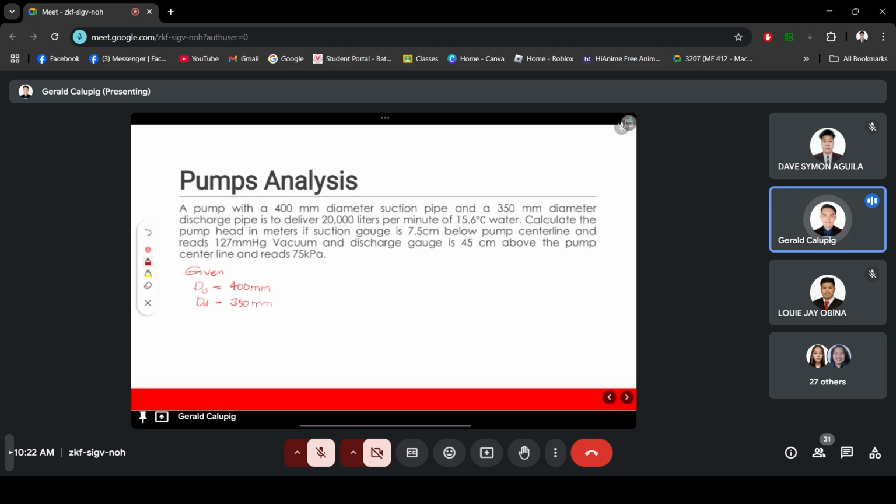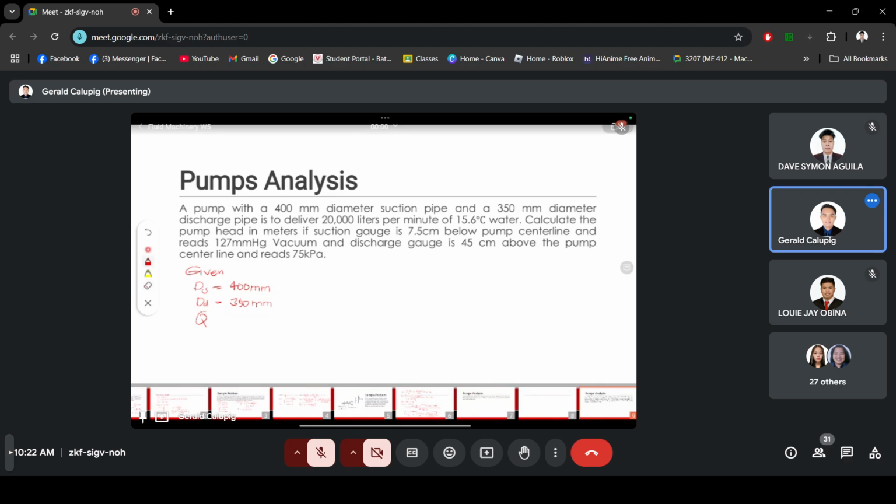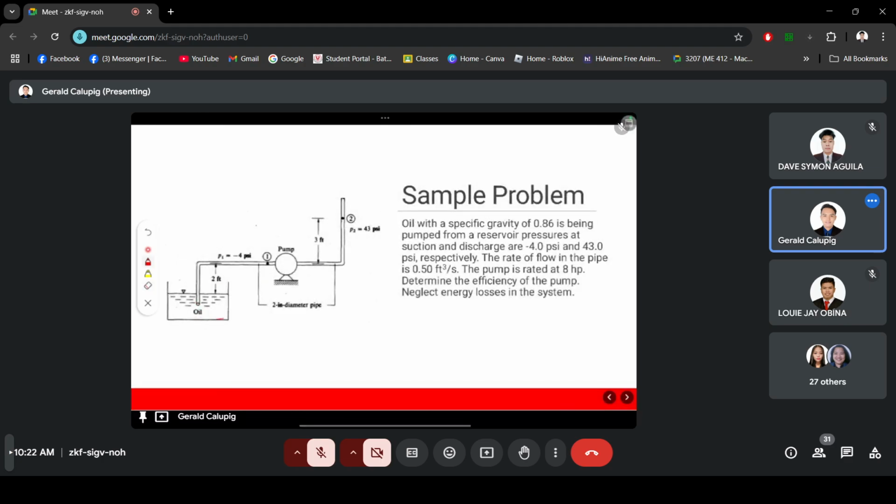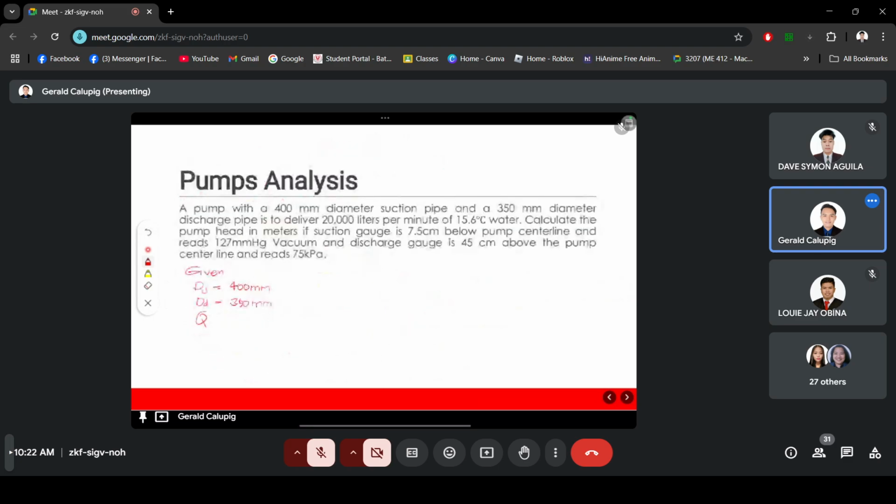Our discharge or Q is equal to... ay, nawala. Our Q is equal to 20,000 liter per minute.